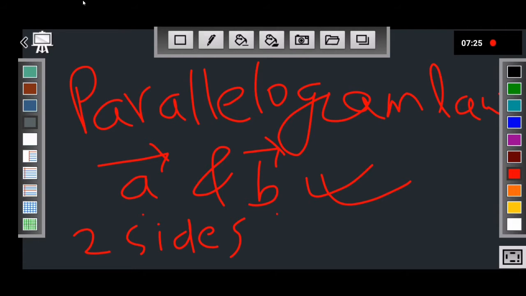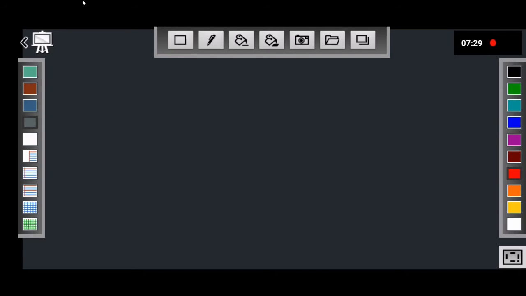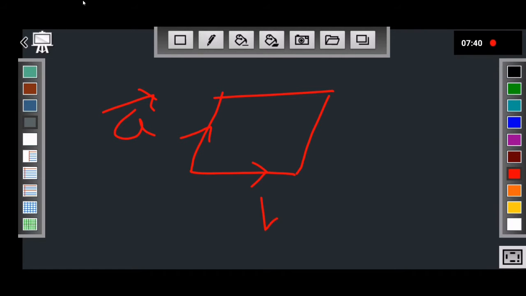So it is the parallelogram law of vector. Let's see it in detail. Suppose we have two vectors, A vector and B vector, represented in magnitude and direction by two adjacent sides of a parallelogram like this, originating from the same point.